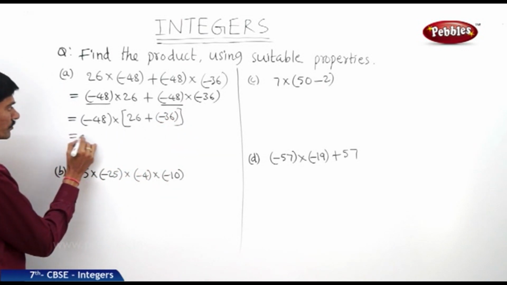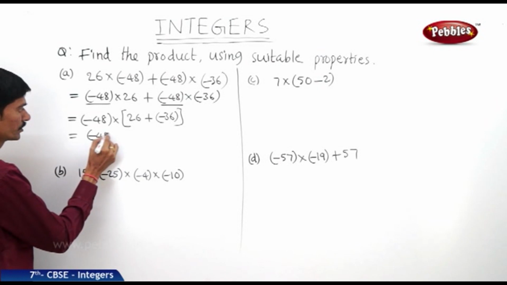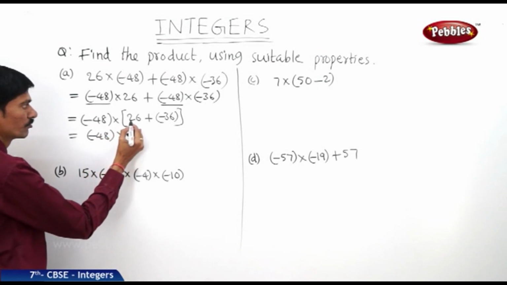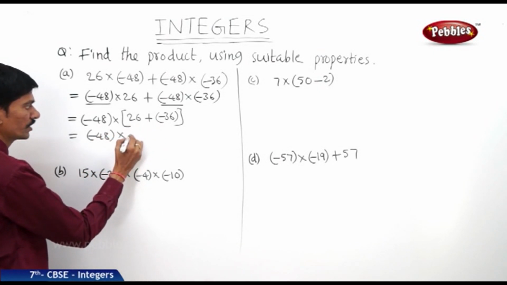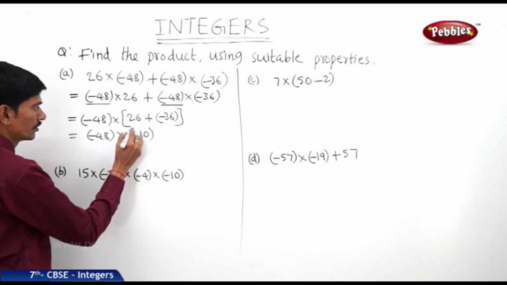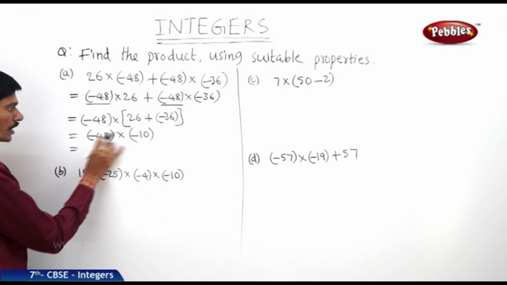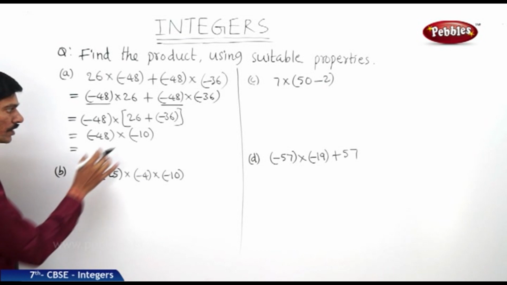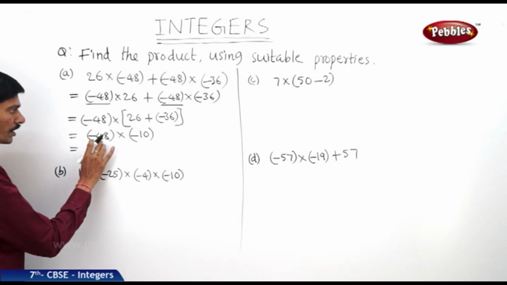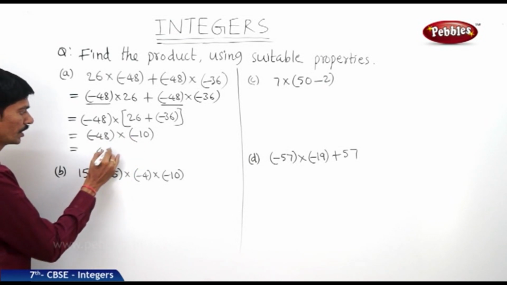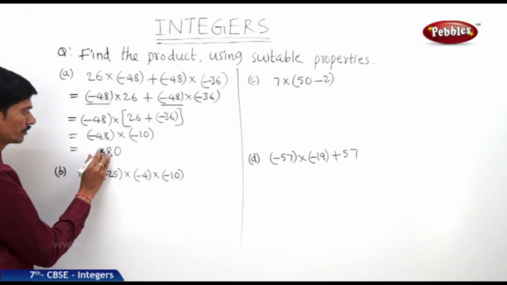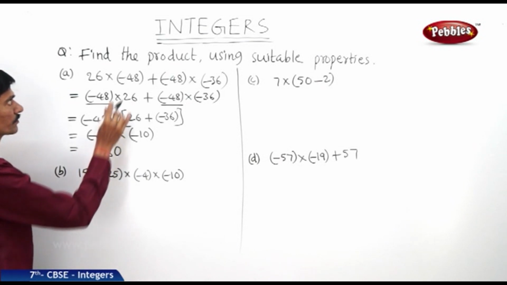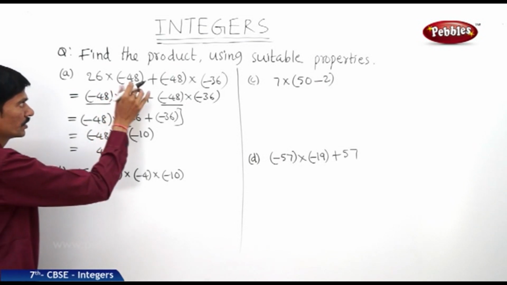Now this equals to minus 48 into 26 minus 36, which is minus 10. So when you multiply the two negative integers, we will get the positive integer, and 48 tens are 480. So this is the product of the given integers.